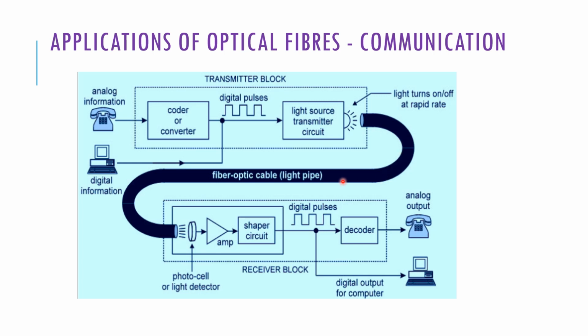So the key role is played by the optical fiber, because this is a small circuit and this is a small circuit. So in between what is running is optical fiber. So without loss, if we make the light signals travel through the optical fiber, then the receiver will receive the information without any loss. So this is the application of optical fibers for communication.